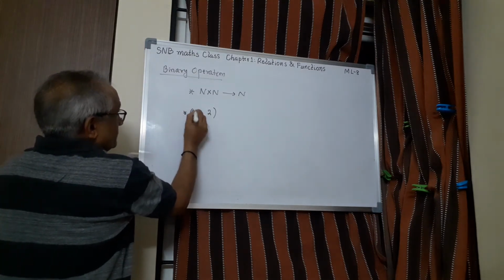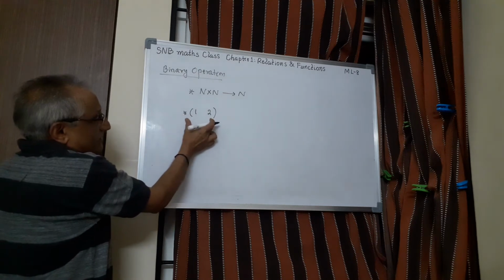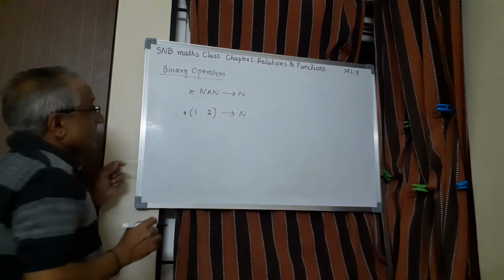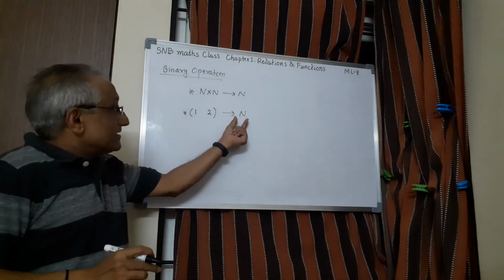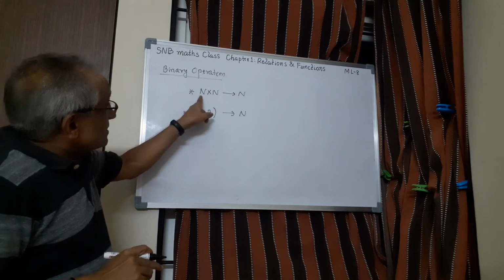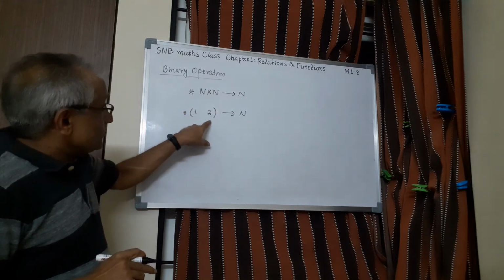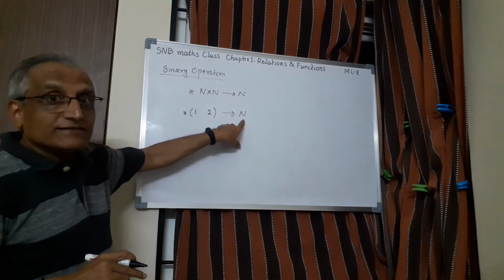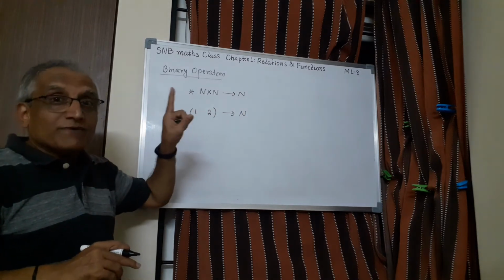Then star of this goes to N only, after the operation, it should be N only. Meaning, the domain is actually an ordered pair here, 1, 2. Codomain is only one N here. That means it is a single element. Then it is called binary operation.